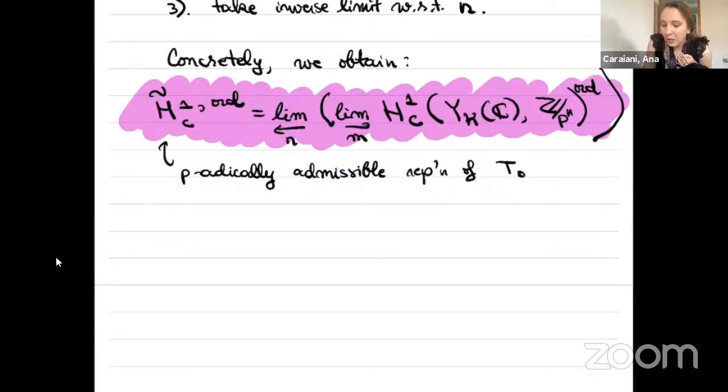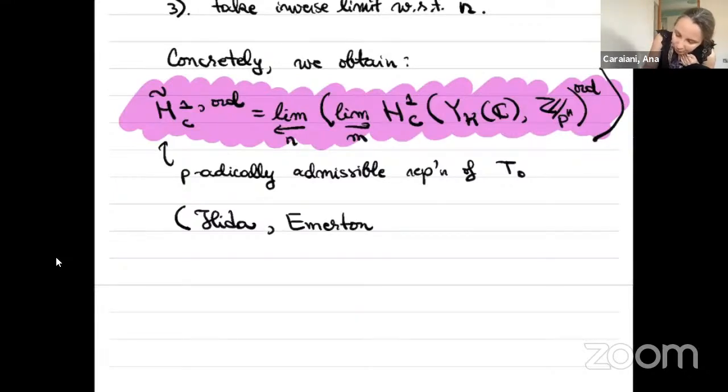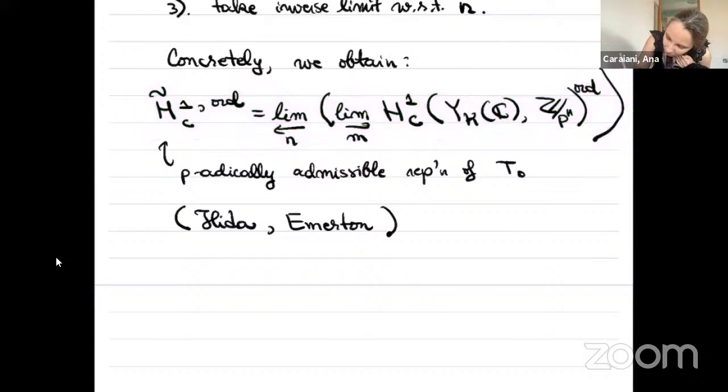I should say, I've said this, but let me just write it down. So this is something that was originally introduced by Hida, and then one can also reinterpret it using this machinery of Emerton. So like the completed cohomology at full infinite level, and then applying this functor of derived ordinary parts. Sorry, and here I want to take, of course, I have to take a limit over the level at p.